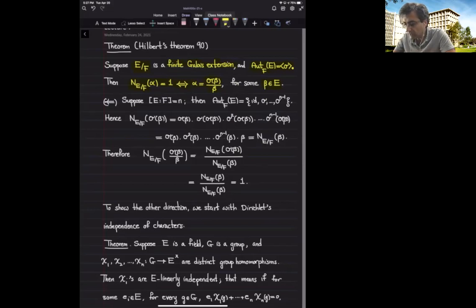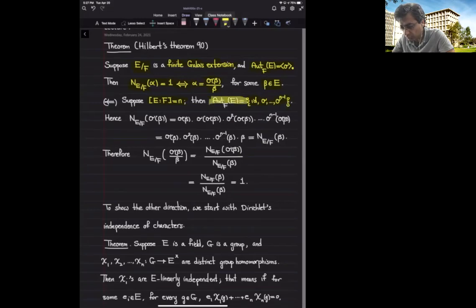So suppose that it has n elements. Suppose that the extension has degree n, it's Galois, so the group of F linear automorphisms of E has n elements, and it's generated by sigma, so it is identity, sigma, sigma squared, till sigma to power n minus 1.